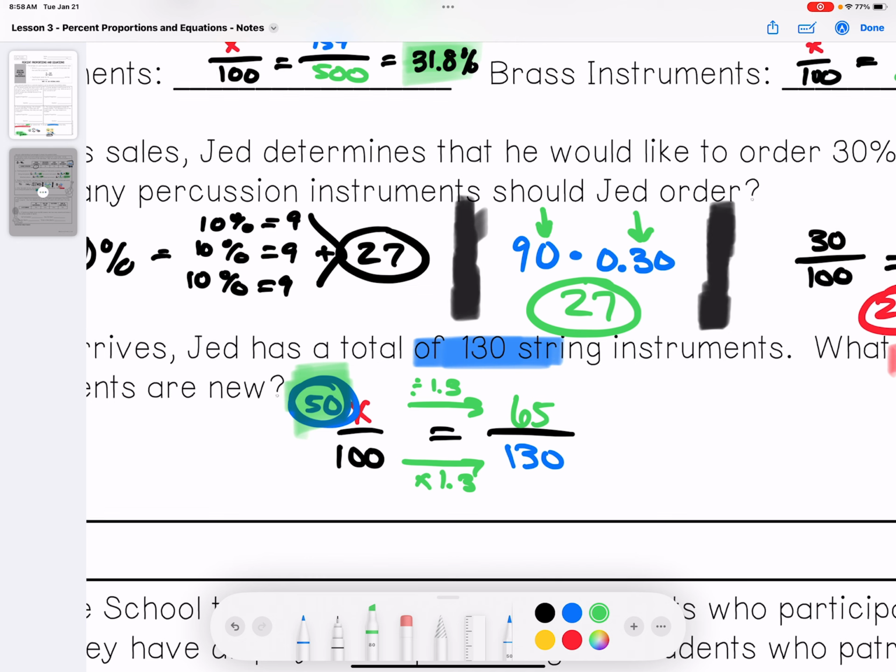You could have done cross products. You could have chosen a number besides 1.3 that would have worked. I don't care as long as you got 50.